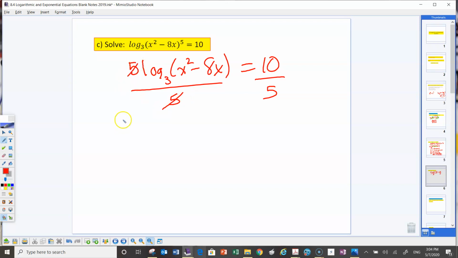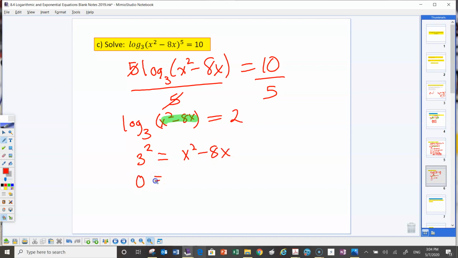This 5 takes out that 5, so I'm left with log base 3 of x squared minus 8x is equal to 2. And now I convert to exponential form, so 3 raised to the power of 2 is going to equal the function inside my logarithm, which is x squared minus 8x.